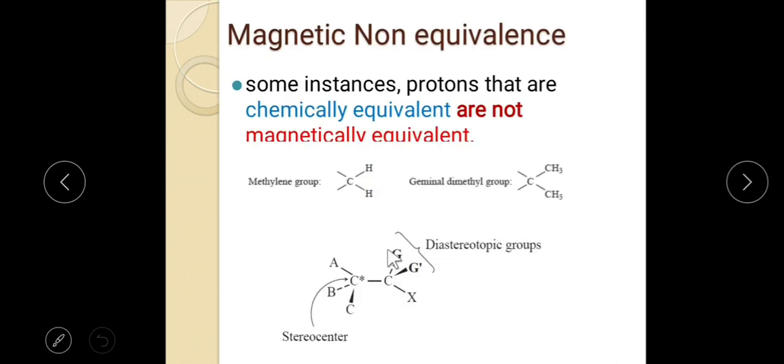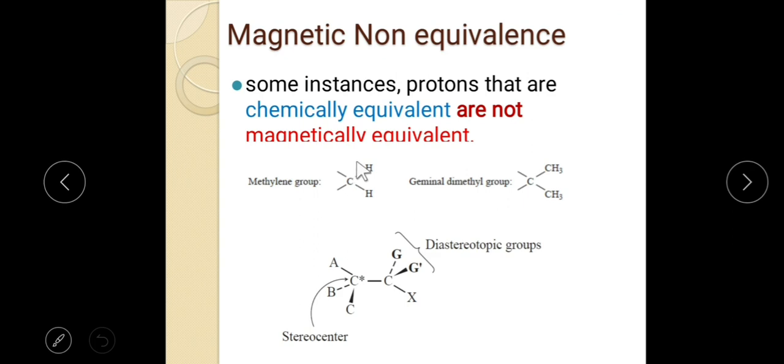A very important topic from this lecture is magnetic non-equivalence, or I will come directly to the point: we are going to discuss the diastereotopic protons. If they are homotopic, they will show one signal. If they are enantiotopic, they will show one signal. But if we have diastereotopic protons or diastereotopic groups, they will show different signals because they are in different chemical environments.